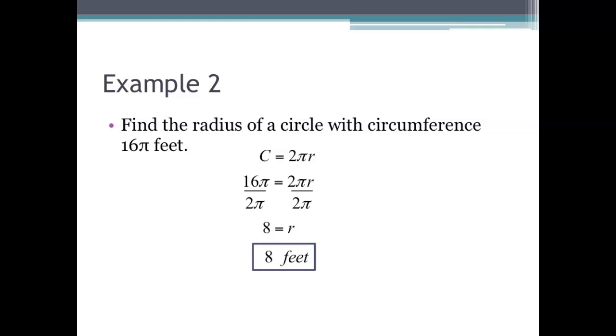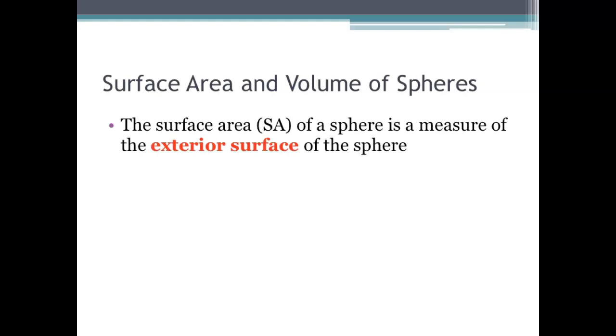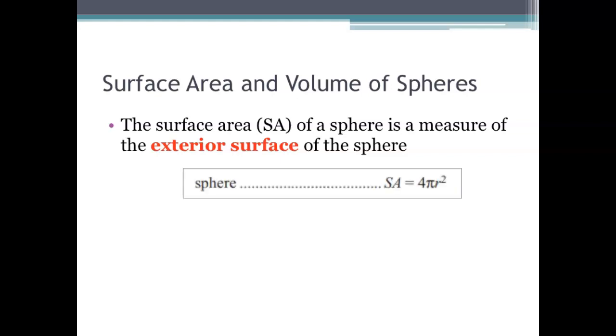Alright, now let's move on to surface area and volume of spheres. The surface area of a sphere is a measurement of the exterior surface of the sphere. Imagine you're trying to paint a sphere, and the amount of surface that the paint will cover is what we call the surface area.